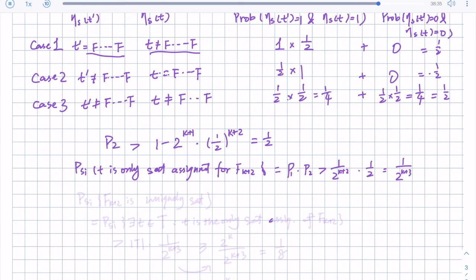And now because T is what we have chosen in the beginning, but we know there are a number of satisfying assignments for the original formula F. So the total probability that Fk plus 2 is uniquely satisfiable equals the probability that there exists some T in the set of all satisfying assignments such that T is the only satisfying assignment of Fk plus 2.